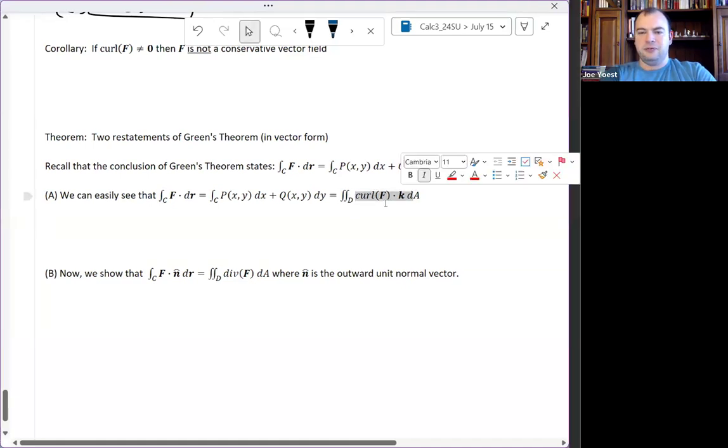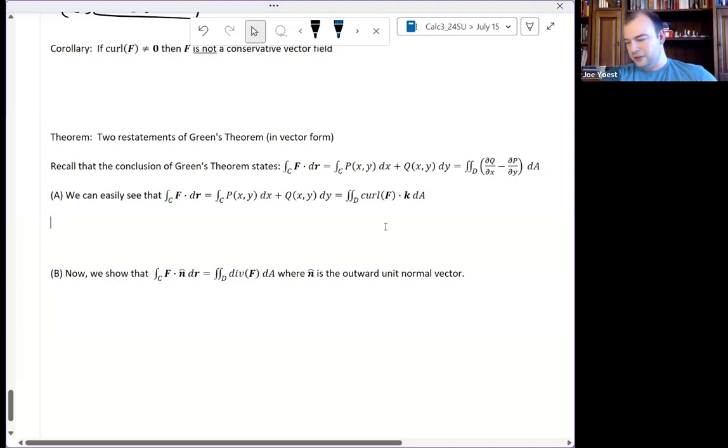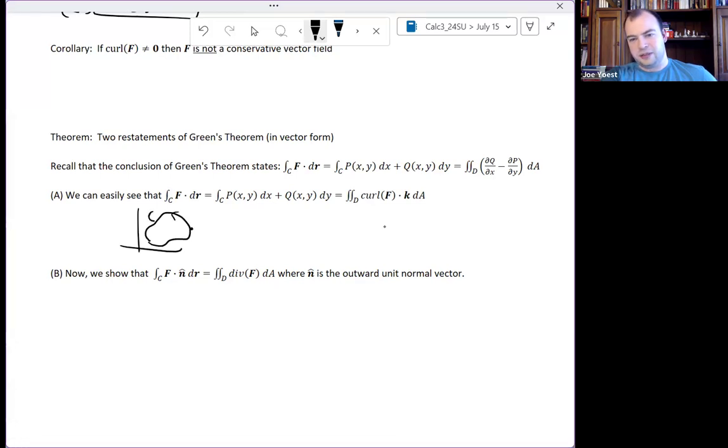So if we think about this, what this is doing is looking at a tangential component around our curve at some point. Remember, F dot dr is kind of like F dot T ds. It's like the tangential bit. We have a Green's theorem for the tangential stuff.